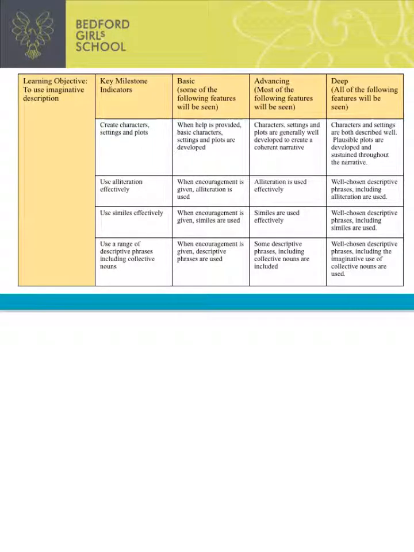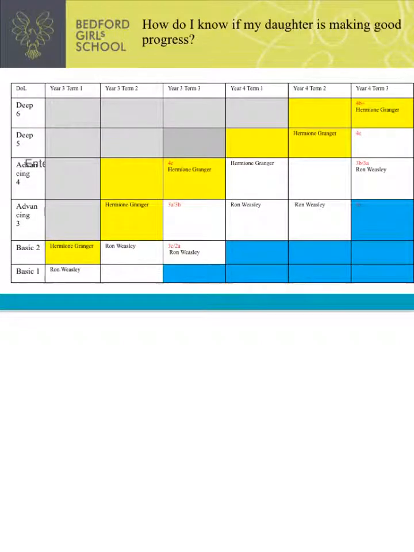In this example, you can see the learning objective, the key milestone indicators, and then the criteria of which we would assess girls' understanding, such as they may have a basic understanding, they may be advancing, or they may have a deep understanding.